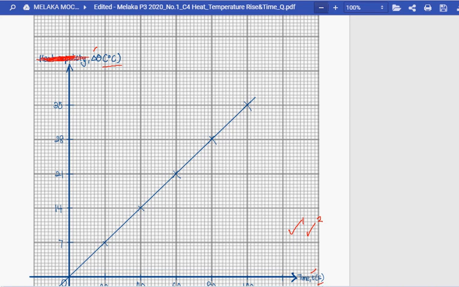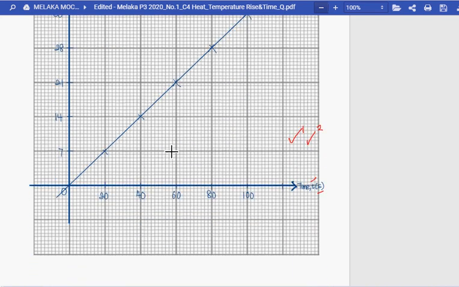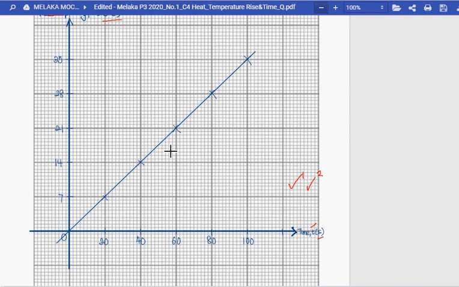Now look at the horizontal axis. We look at both axes, and if one of them is an odd scale, then we cross 3.